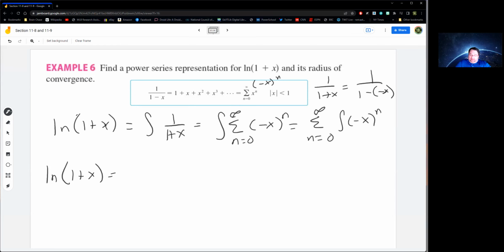So if I do the integral of that piece over there, I get -1 to the n minus 1 x to the n over n. Oh, actually, let me rephrase it.